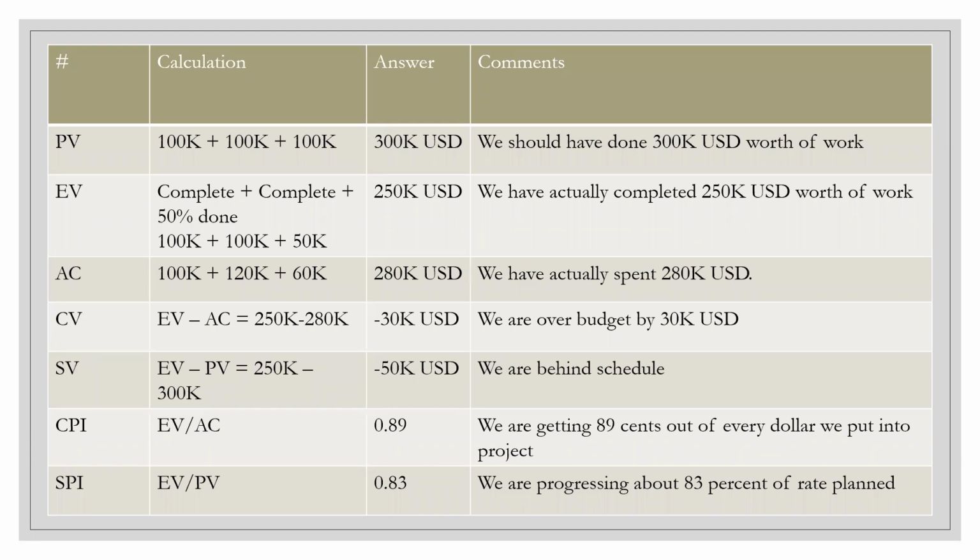A few of them are very easy, EV, AC, and the CPI, SPI, right? But it needs more practice because in the exam, you probably know how to solve it, but you will not have the time to go through the entire question and solve it one by one. The more you practice it, it comes like the back of your hand, and you can look into the problem and quickly say what the CPI and the SPI is.